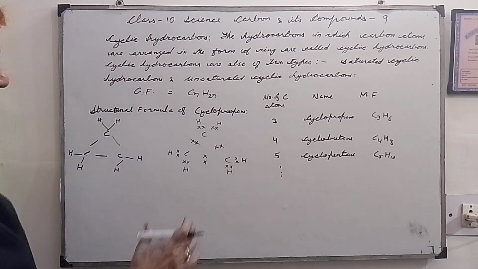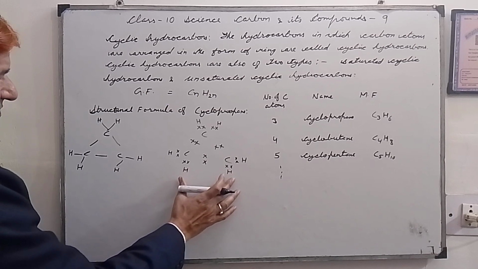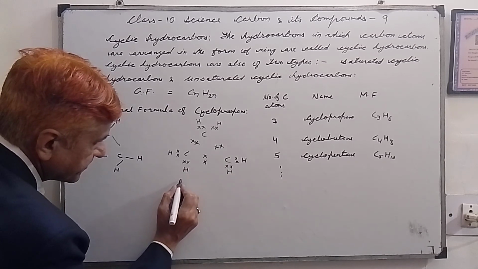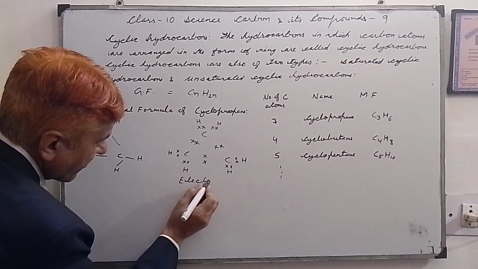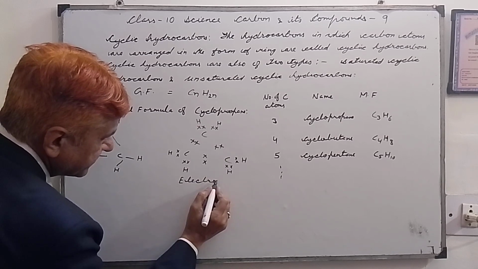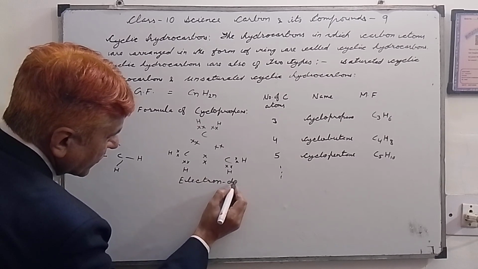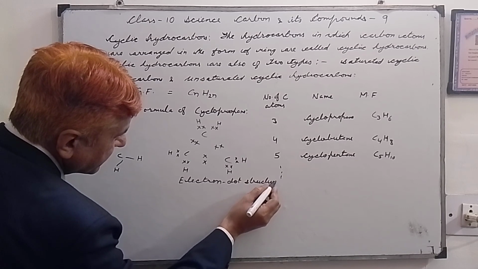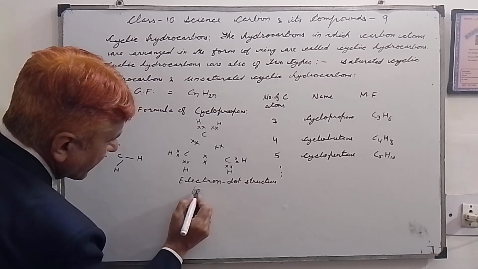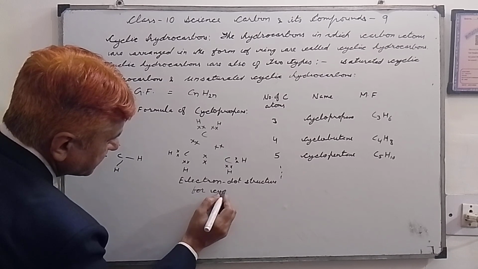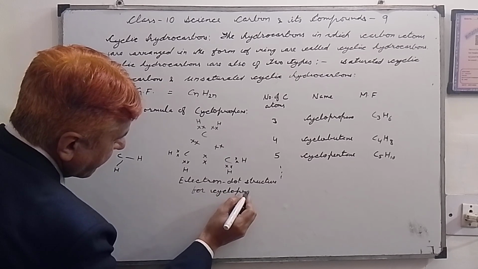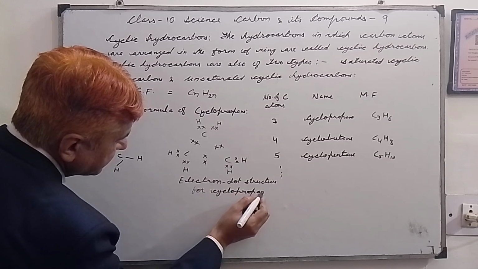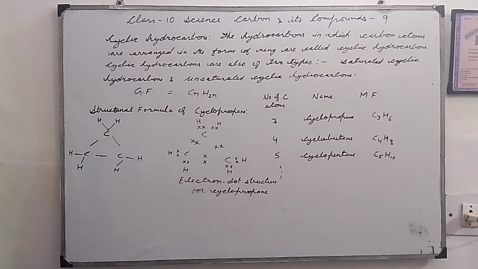So, my dear students, this is the electron dot structure for cyclopropane, and this is the structural formula for cyclopropane.